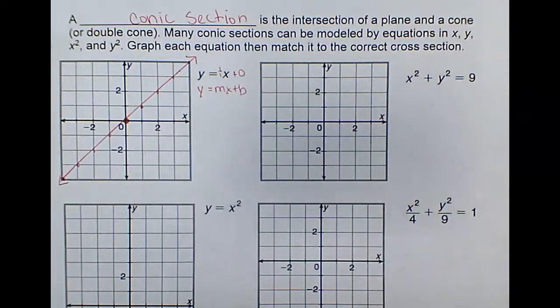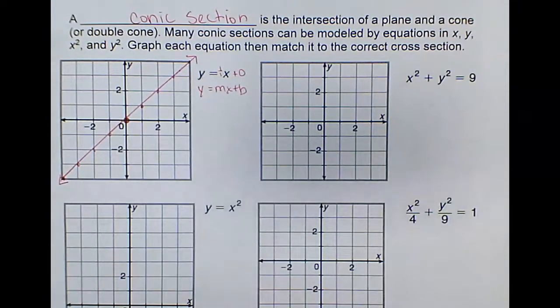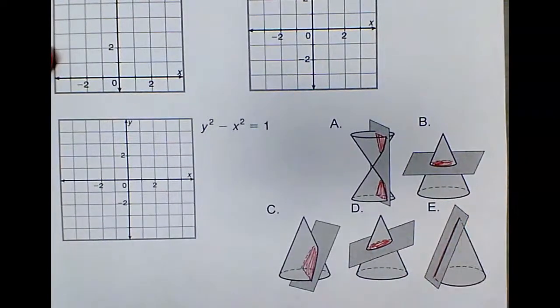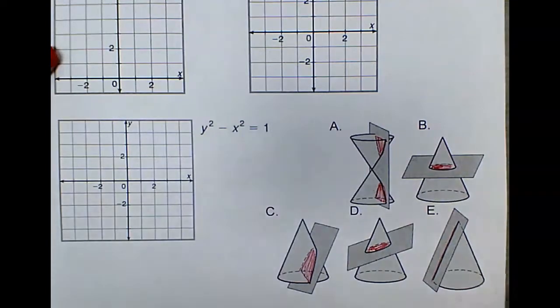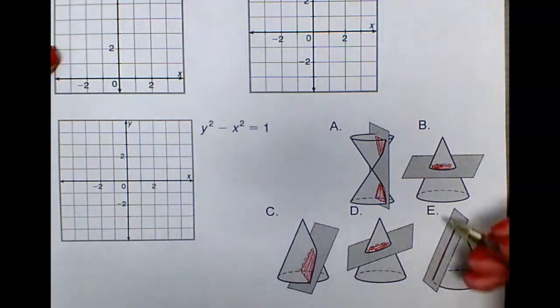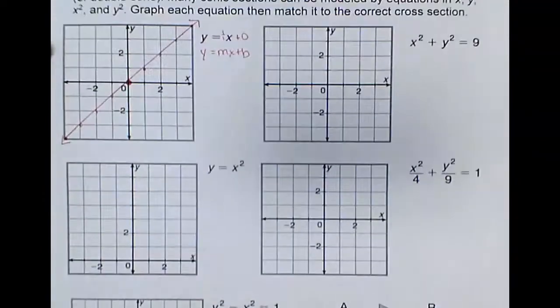And here my conic section is a line. So when I go look at my answer choices, the only one that looks like it's a linear conic section, this doesn't look linear, not linear, not linear, not linear, but this does. So just slicing off the very, very edge, that's graph E, or cone E.